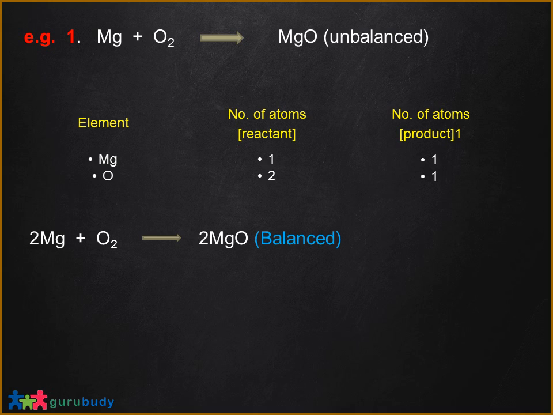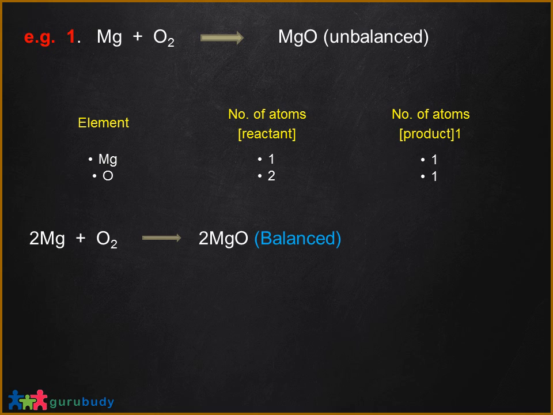So if we multiply the magnesium in the reactant by 2, and in the product we multiply the magnesium oxide by 2, when you put that number there, it will become balanced. So this is the hit and trial method, because we are just trying to eyeball it, guess what the number would be. And if we get lucky, we would be able to balance it. A simple equation like this can be balanced this way.